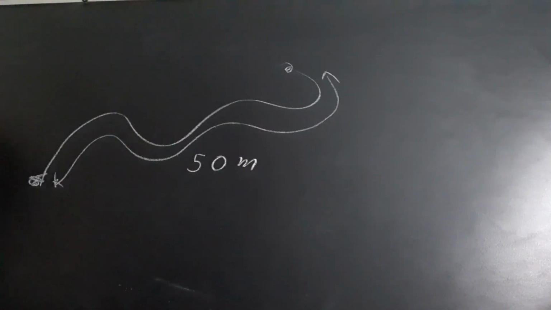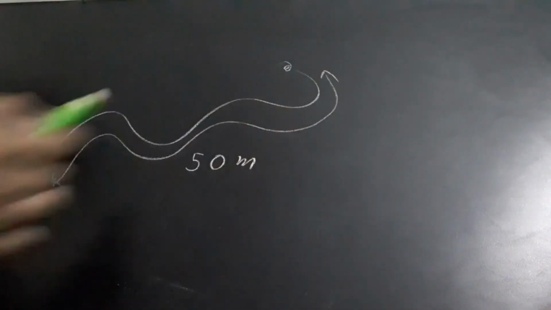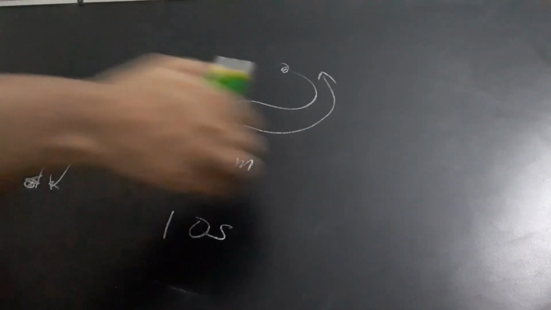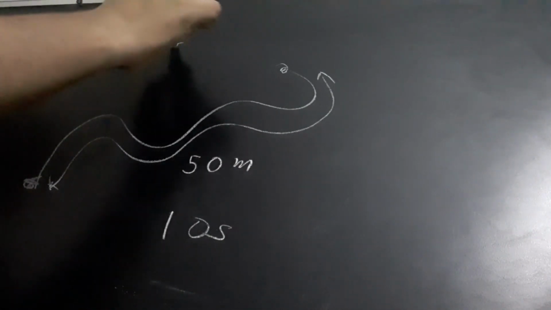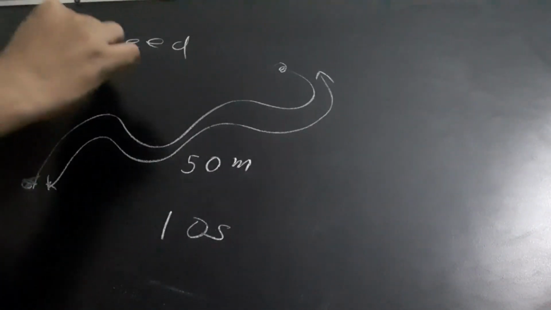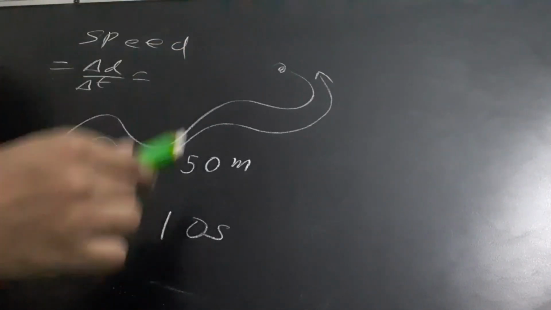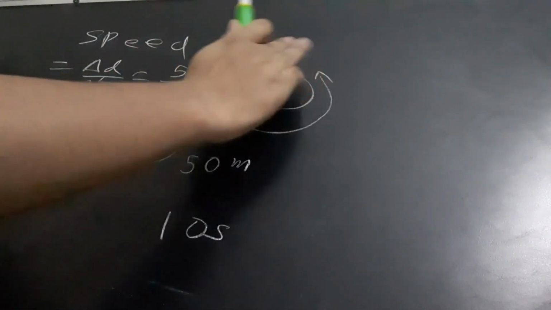Now, we want to take the speed of the particle when it completes these 50 meters in, let's say, 10 seconds. So we do the same thing. It travels 50 meters. So the speed is equal to delta d upon delta t, where delta d is 50 and delta t is 10, and we get the speed as 5 meters per second.